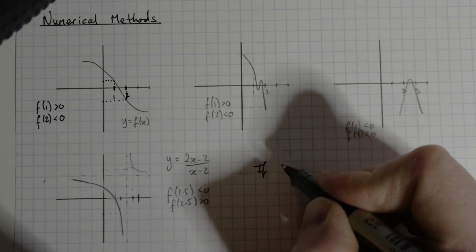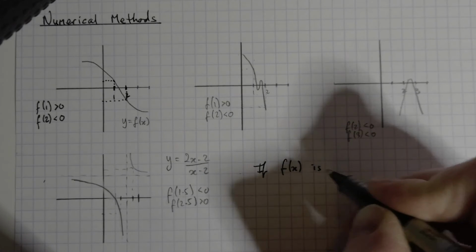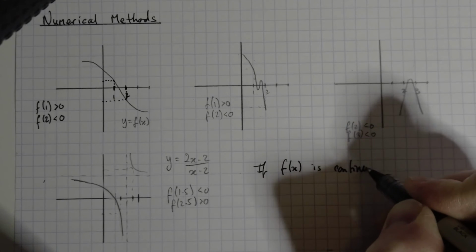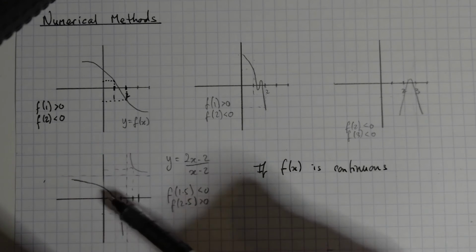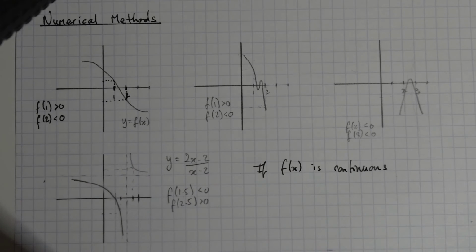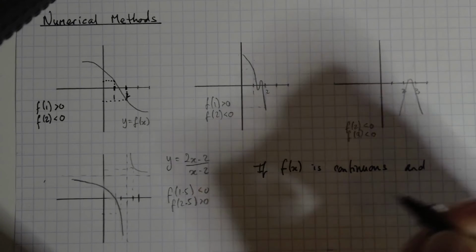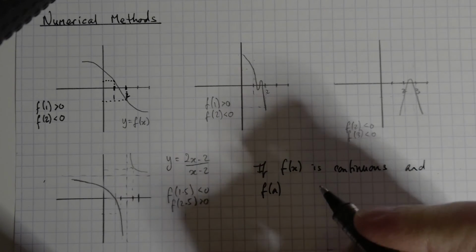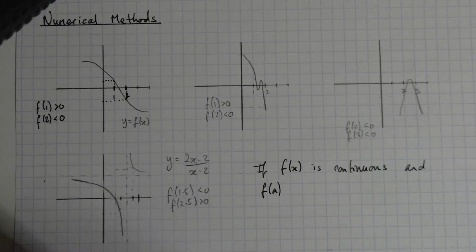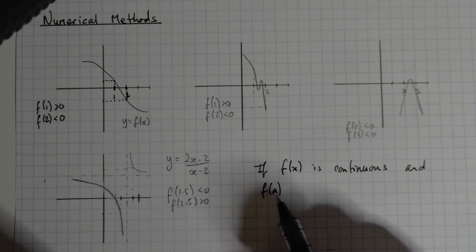So if f of x is continuous, so that means it doesn't have any asymptotes. A continuous function can be drawn without taking your pen off the page, but here I had to do that section and then that section separately, taking my pen off the page. So if f of x is continuous, and we have that f of a is a different sign to f of b, it doesn't have to be that f of a is negative and f of b is positive.